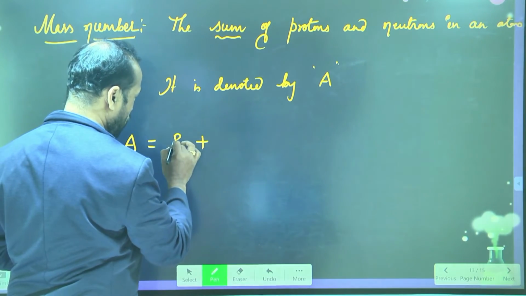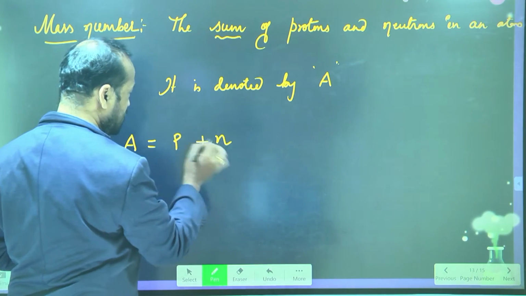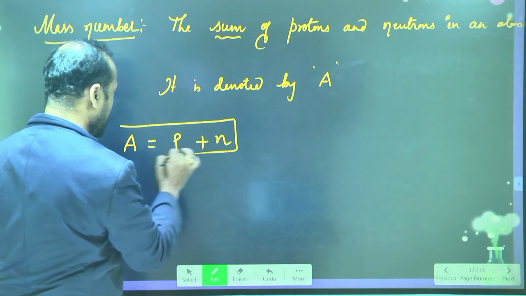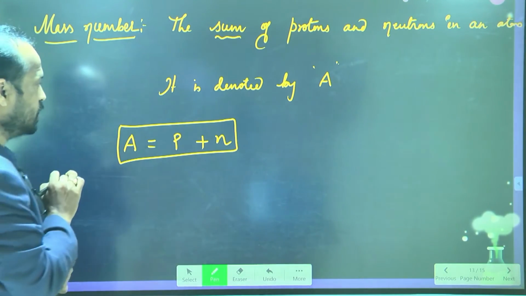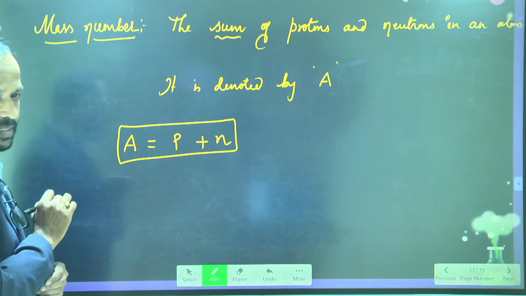So when I add the number of protons and the number of neutrons, I will get the mass number. So A is equal to P plus N. Is this clear to you?